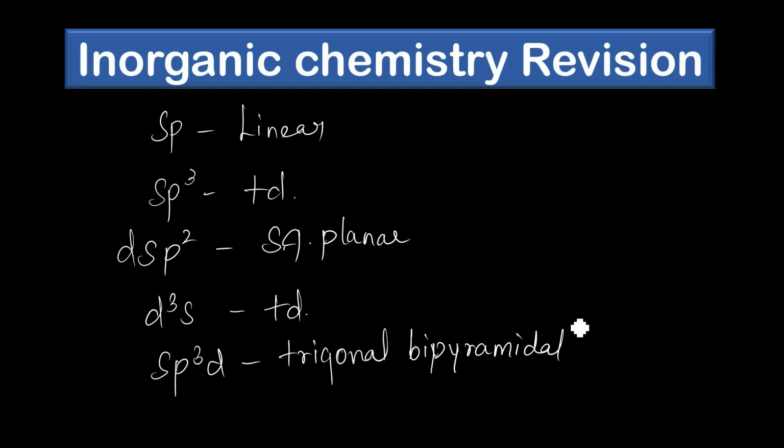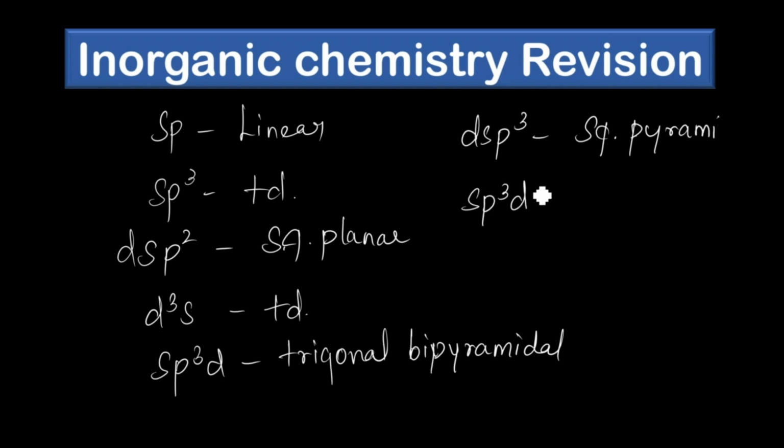Mostly in the coordination chemistry chapter, you will encounter square planar, tetrahedral and octahedral only. I'm giving these extra for other inorganic chapters as well. dsp3 is square pyramidal, sp3d2 is octahedral, and d2sp3 is also octahedral.